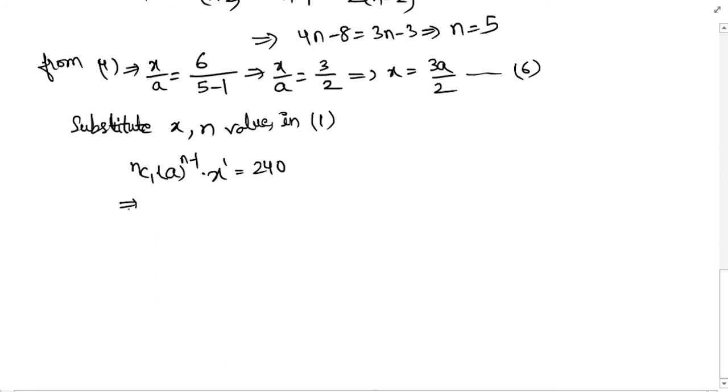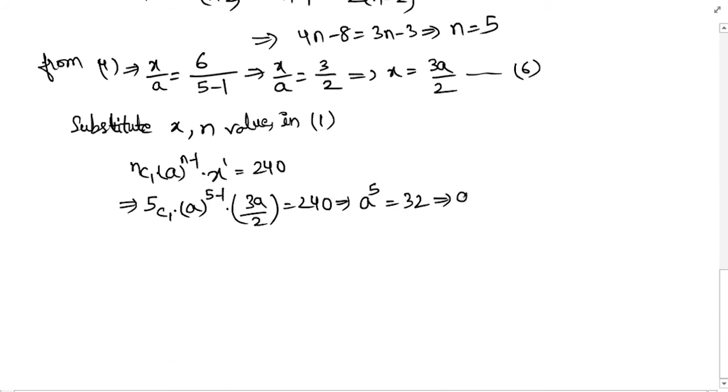So if we substitute x and n, we get 5C1 a^(5-1) times 3a/2 is equal to 240. So that implies a^5 is equal to 32. So that implies a^5 = 2^5. That implies a is equal to 2.